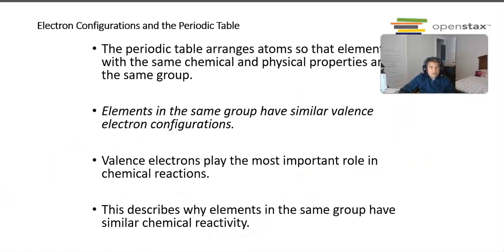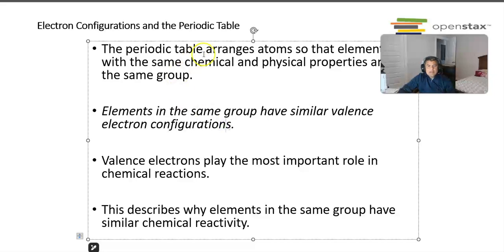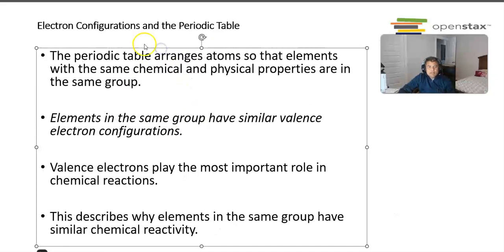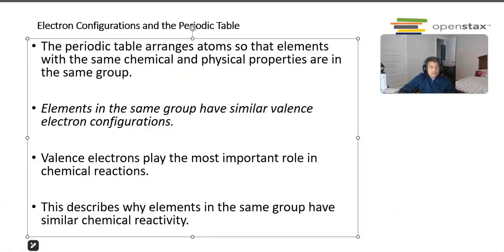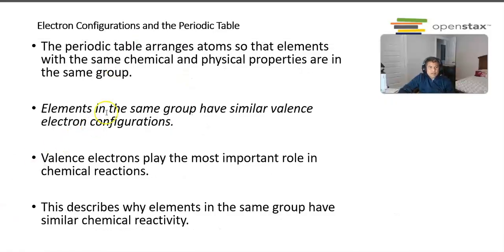And that's it, we have finished this chapter. There are some periodic properties also, but I have removed the periodic properties from your chapter, so you just study up to the electron configuration.